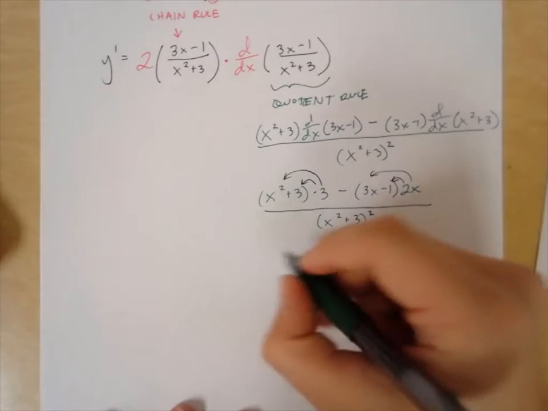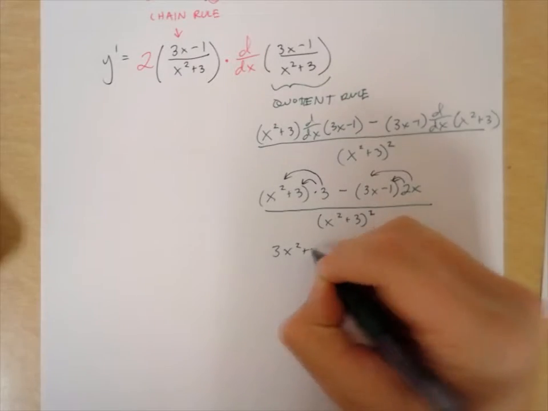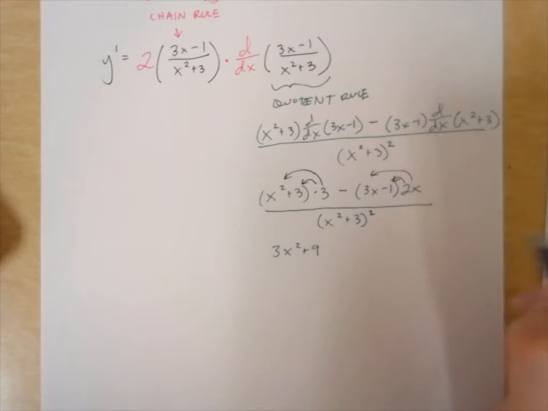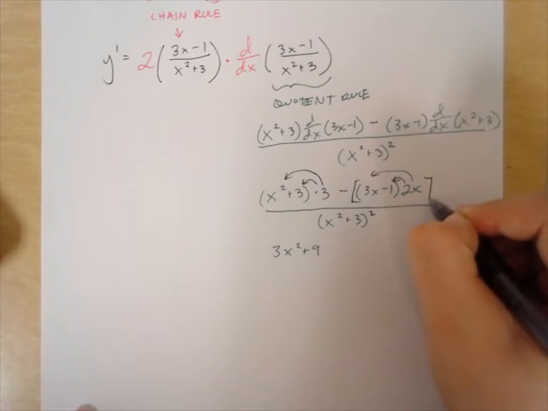And when I take care of that, I'm going to get a 3x squared plus 9. And over here, let's do this piece by piece for a second. What we have right now is like a bracket situation.